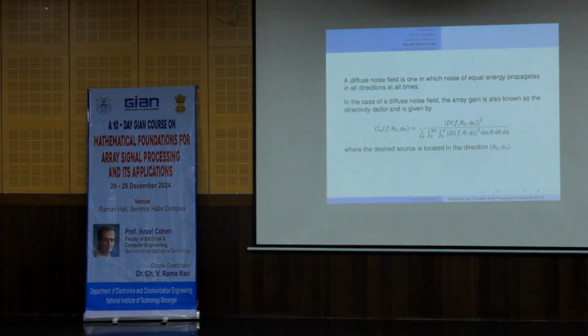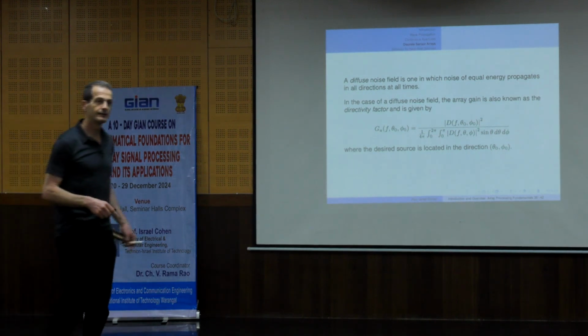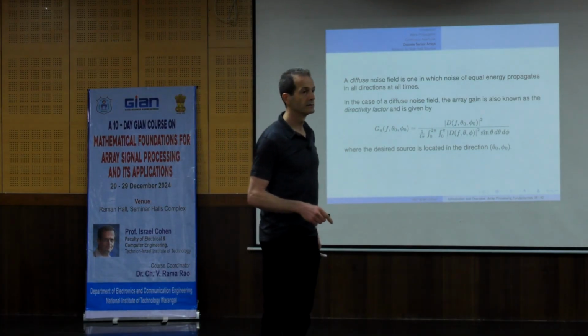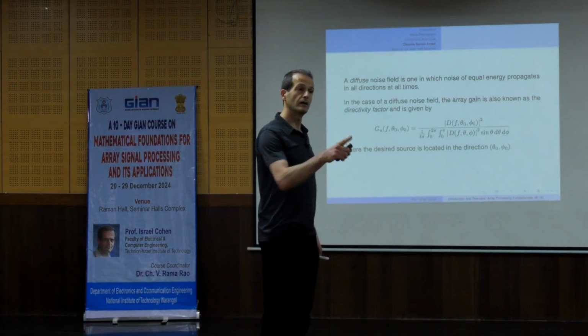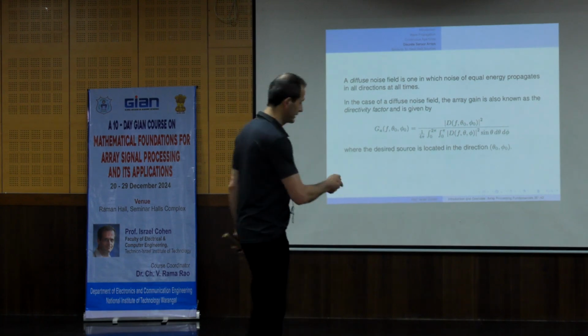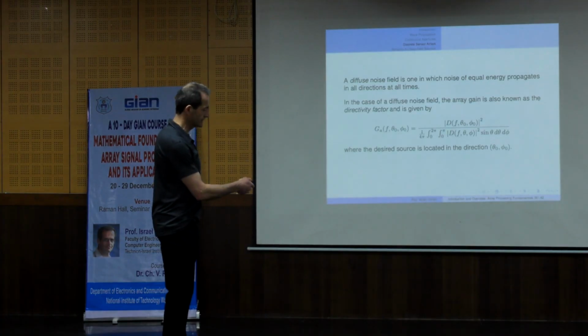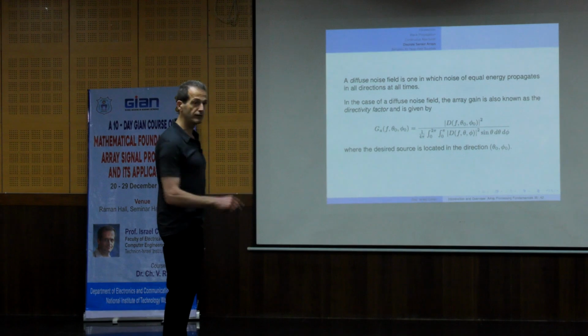Any questions? The array gain depends on what? It depends on the, no, of course, yes. This is the array gain. What we saw, this expression, is for the far field sources.